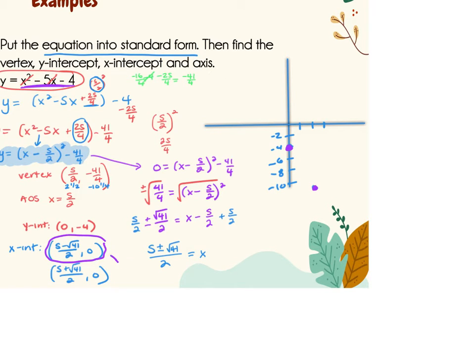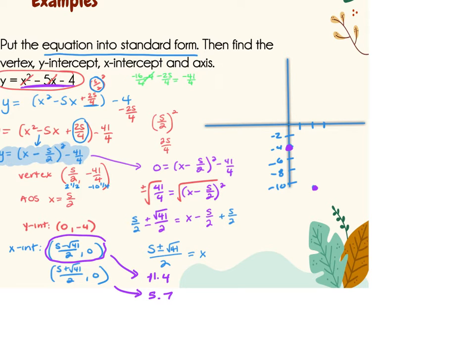But when I go to graph it, that is negative 1.4, 5 plus square root 41 divided by 2 is positive 11.4, and then 5.7. Wait, did I do that right? Hang on. 5 minus square root 41 divided by 2.